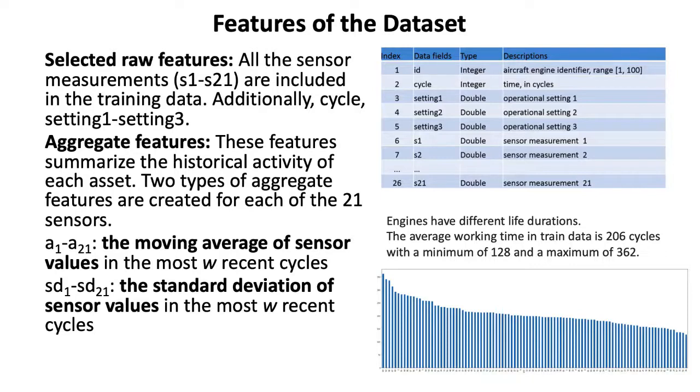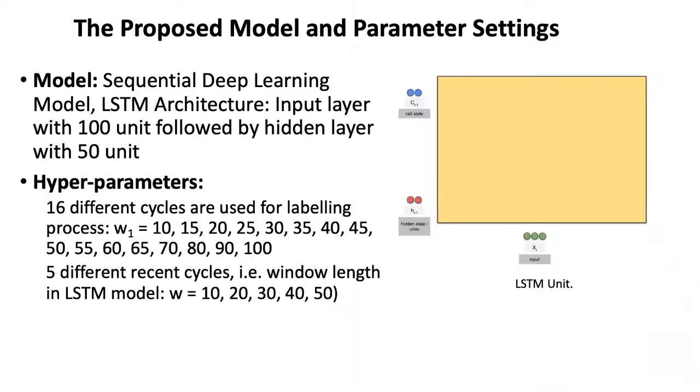Two types of aggregate features are created for each of the 21 sensor values. These are given in this figure, and as can be seen in this figure, each engine has a different life duration, and the working time in the training data set could be different for each engine ID.